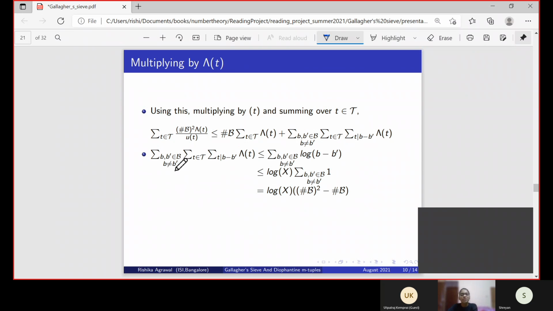So summation b, b prime belongs to B, b not equal to b prime, summation t belongs to T, summation t divides b minus b prime, lambda of t, this is less than or equal to summation b, b prime belongs to B, b not equal to b prime, and we have written this as log of b minus b prime. How have we changed this into log of b minus b prime?